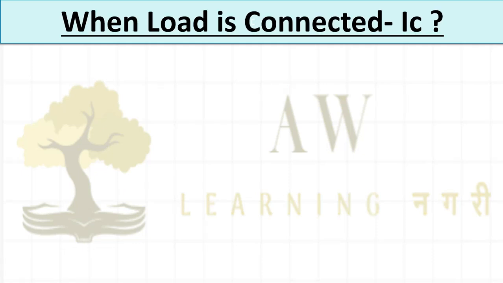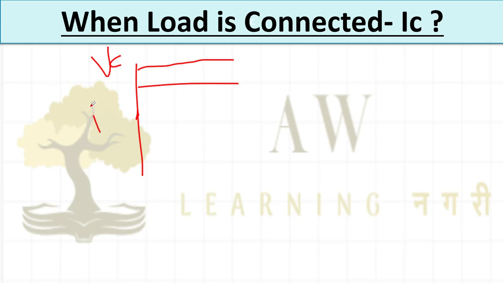Before going to the no-load case, let me tell you the waveform of the capacitor current IC with load. If you have a misconception in your mind, the capacitor voltage VC will be constant when load is connected, so that is correct.